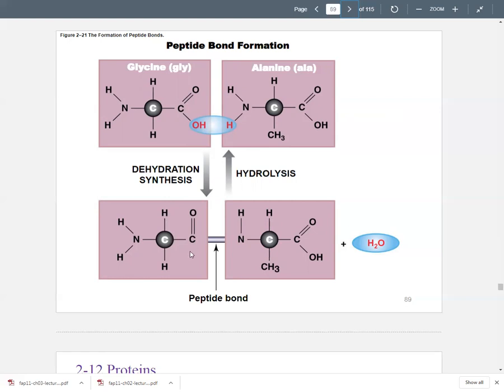We're synthesizing this new peptide and you're releasing water, so dehydration synthesis. Now, if you do the reverse reaction, you use water, break the peptide bond, and you get the amino acids again. So hopefully you're starting to see what dehydration synthesis and hydrolysis mean. You see it over and over again.